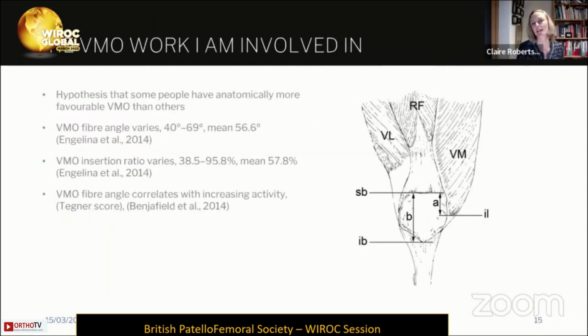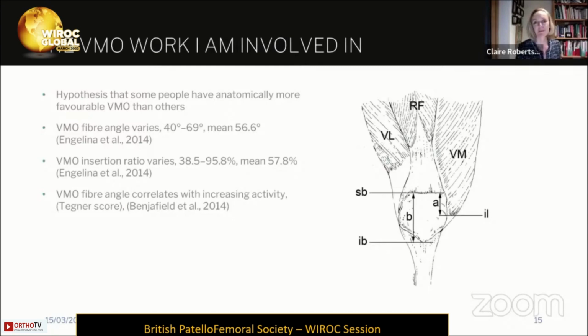The last decade, I've been involved with working with an anatomist at St George's in London, and the two of us have now progressed through quite considerable published work looking at the architecture of the vastus medialis. What we found is that sedentary people have a much more vertical fibre, vertical relative to the femoral axis, and a smaller insertion onto the medial border of their patella.